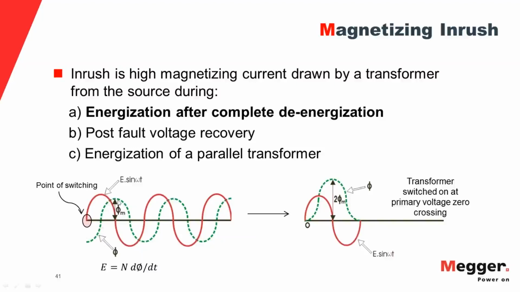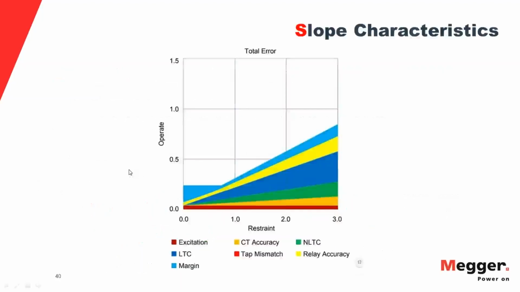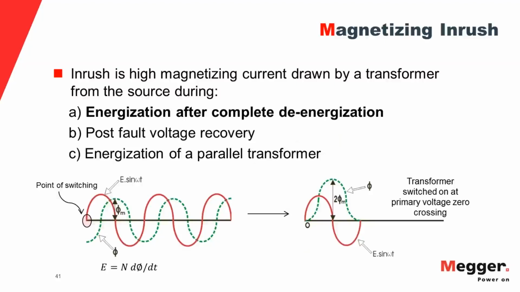The first is energizing the transformer after complete de-energization. What it means is that when you close the breaker while the transformer is completely demagnetized, you would experience some inrush coming into the transformer. The second scenario is post-fault voltage recovery. When a fault happens and the voltage dips to a lower value, and it is trying to recover and you energize the transformer at that time, you will see inrush.